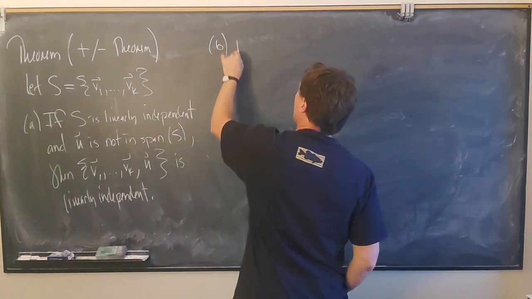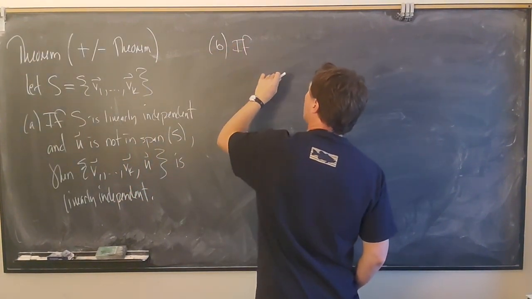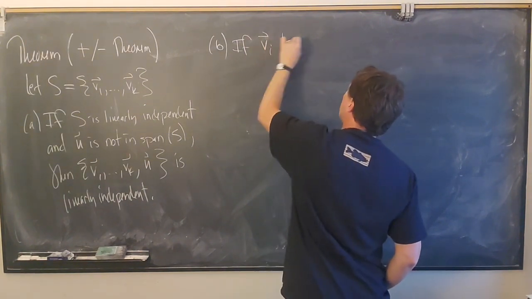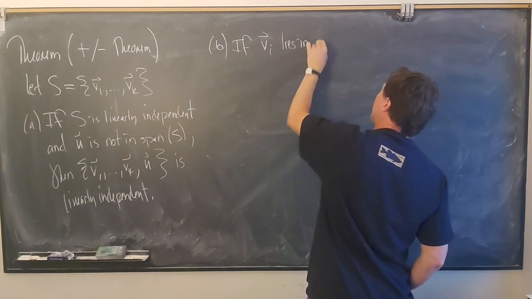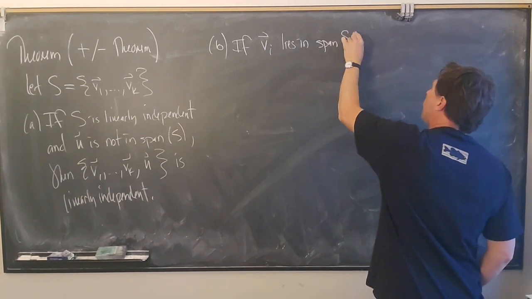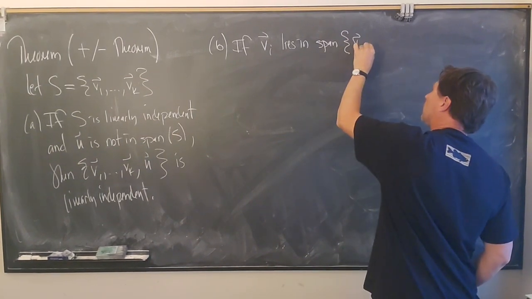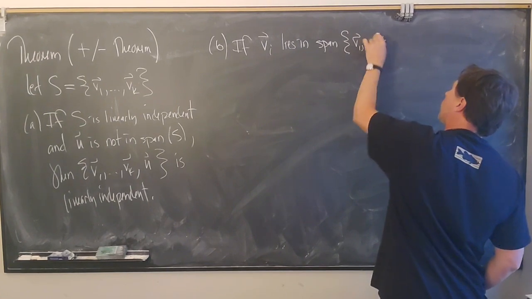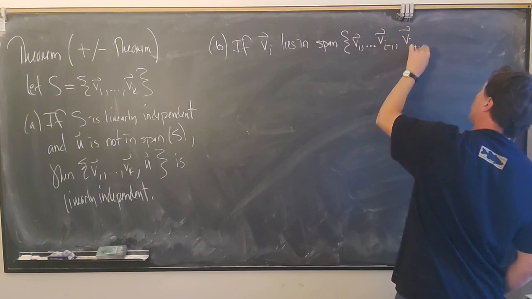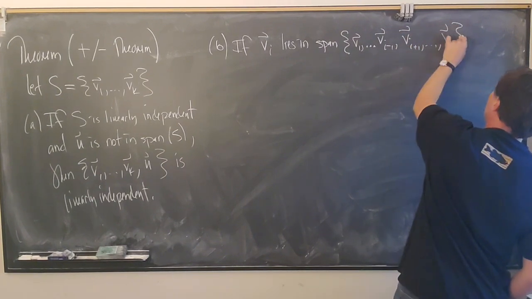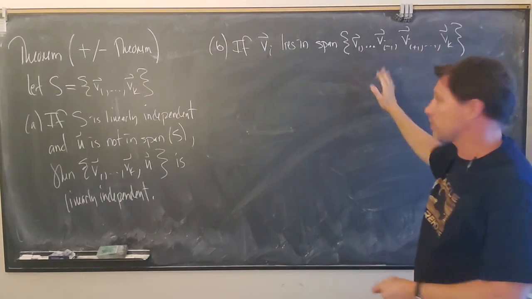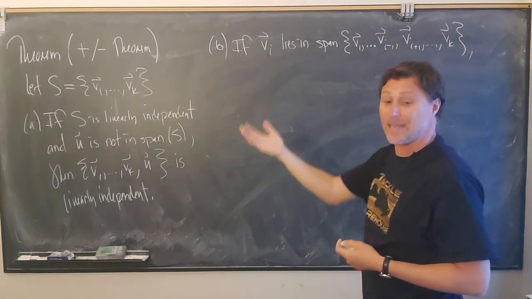So if, let's say, V sub I lies in the span of all the vectors except for Vi, so V1 up through V sub I minus 1, V sub I plus 1 up to V sub k. If V sub I is a linear combination of all the other vectors, then it's redundant. We can delete it. There's the minus part.